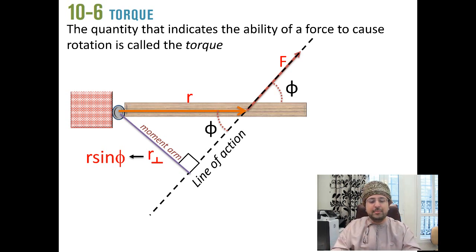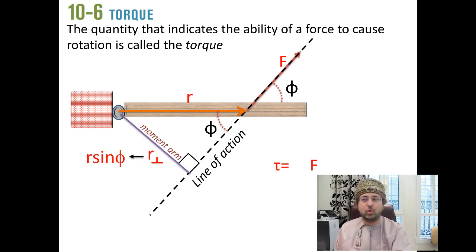Now, the only bit of the force that torque actually takes from the force is that working perpendicular to the moment arm: r perpendicular, r sine phi, or r sine theta.